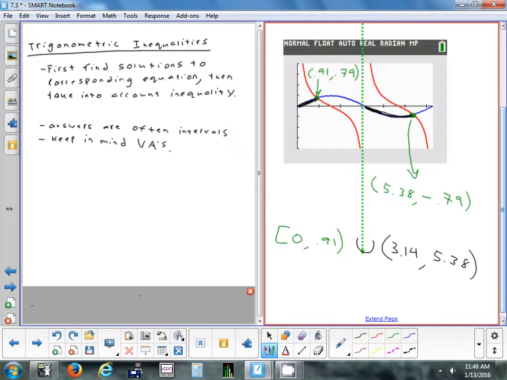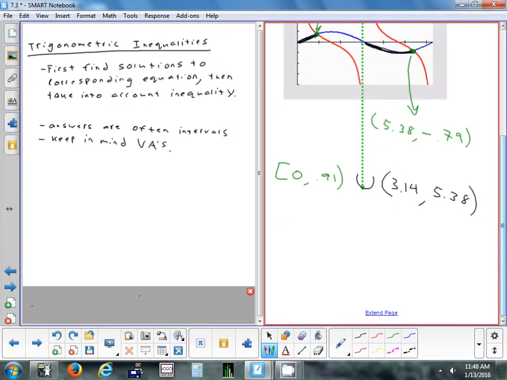Okay, so what they did is they wrote exactly what we have, and they said together with all horizontal shifts of these intervals, left and right by multiples of 2 pi. So I guess if we want to be consistent, we can write it that way, or we could just put a plus 2 pi n on each interval.